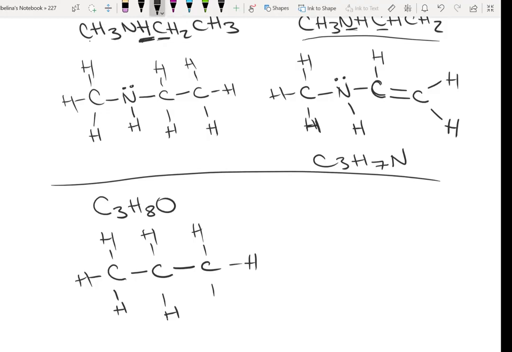Make the octet of the carbon that I removed the hydrogen from satisfied by bonding it to the oxygen, because you have to include the oxygen in the formula. So there was something I was supposed to remember about oxygen when it has a formal charge of 0. Yes, 2 bonds, 2 lone pairs. So there's 1 bond, second bond, 2 lone pairs: 2, 4, 6, 8. There's the octet. Then put that 8th hydrogen on the oxygen.